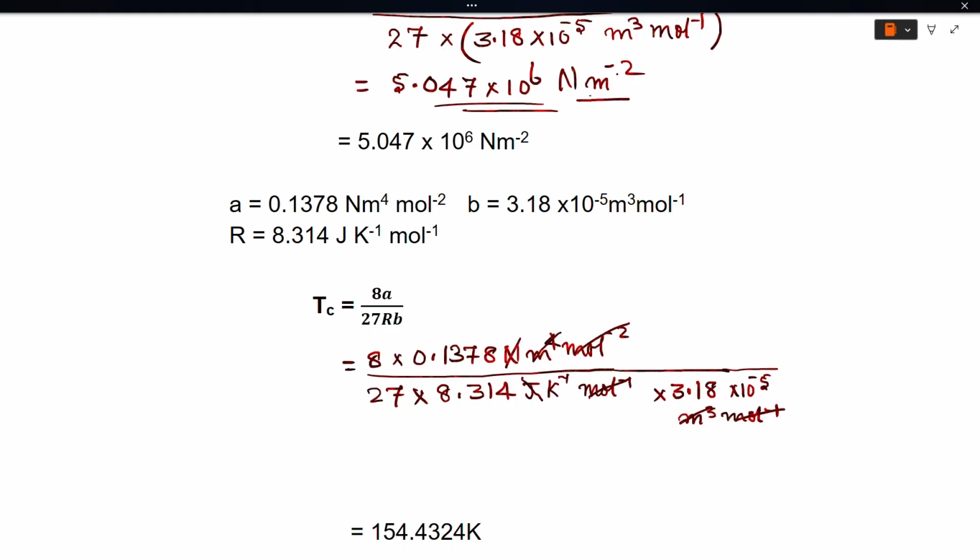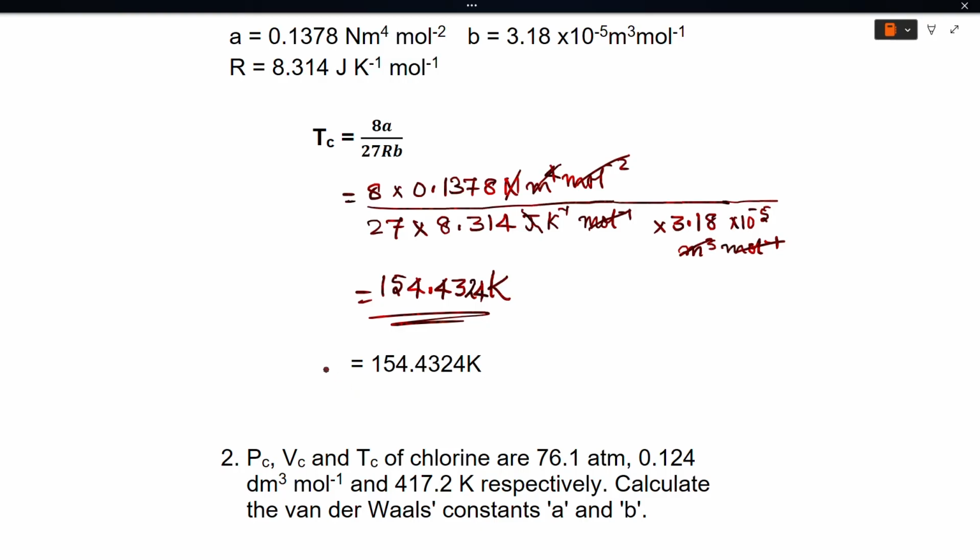So, meter raised to 4, and finally, you will get the answer in Kelvin. Solving for this, the answer comes as 154.4324 Kelvin. So, that is the answer for Tc.